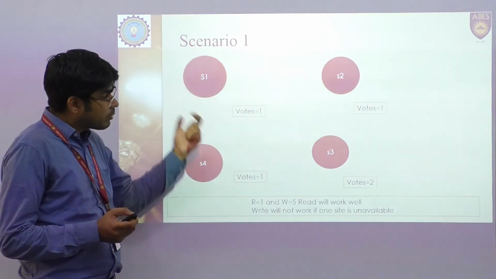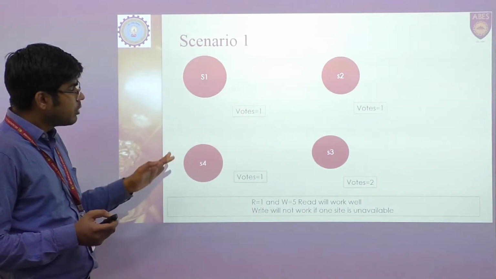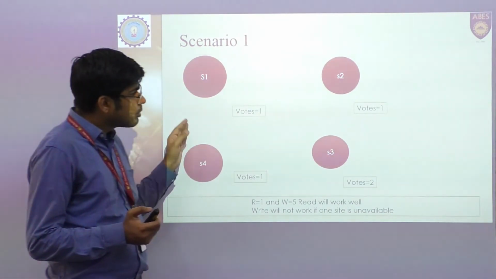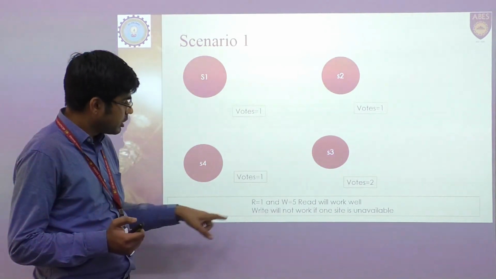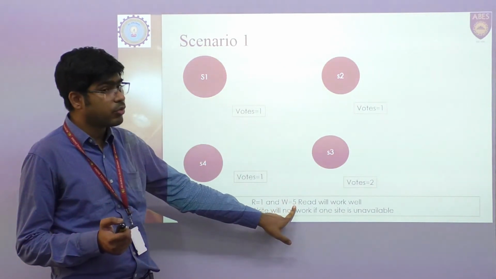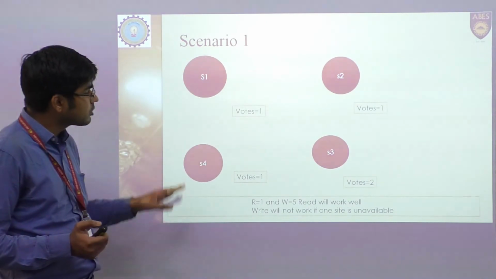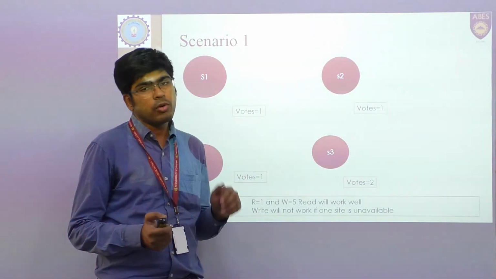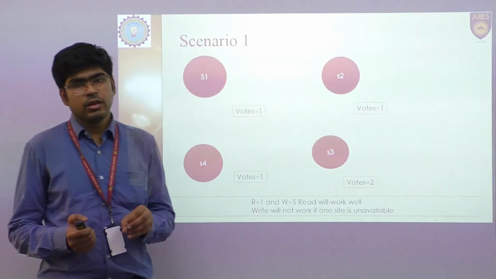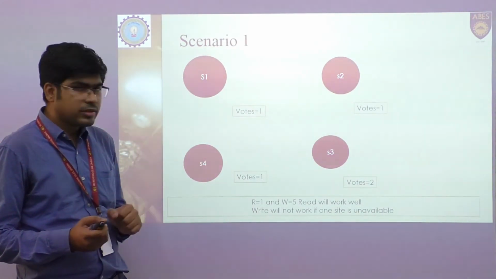But what about the write? In the case of write, what will happen? We have been pushed in a scenario where all the votes are required. So here what we have done, we have written the write requires 5 votes and the 5 votes are only possible if we are having the votes from all the sides. But is this a correct scenario?